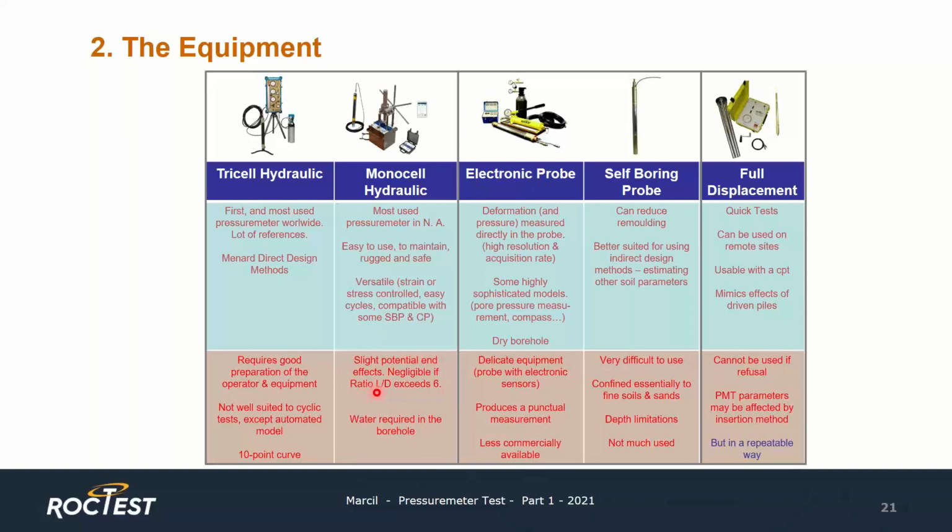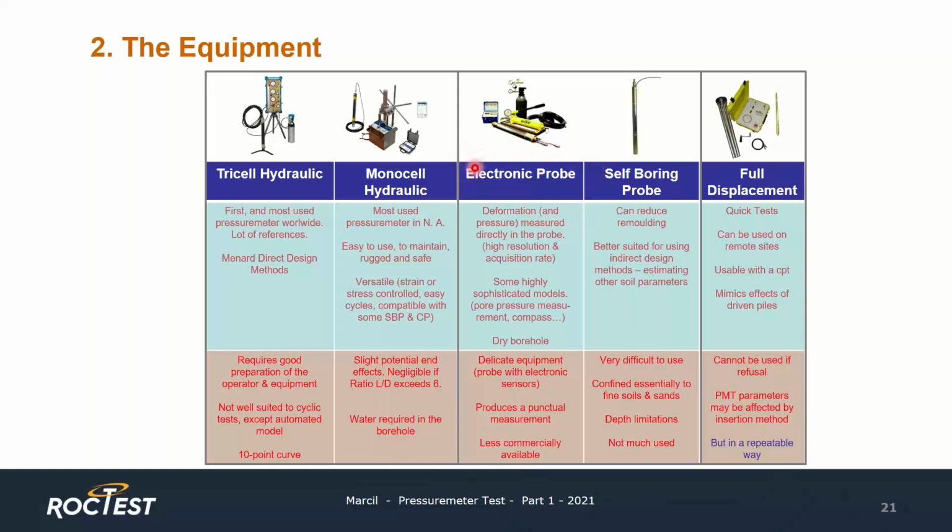However, since it uses a monocell probe, there are some slight potential end effects, but these would be negligible considering that the probe is long enough. Also, water is required in the borehole for running the test.